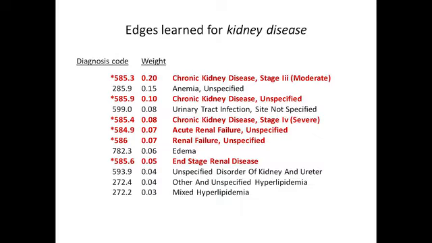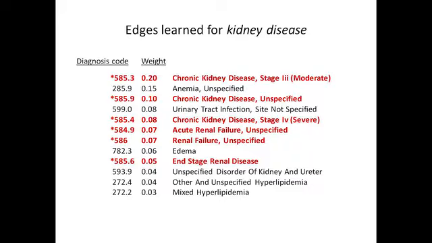And what you'll notice are a couple of things. First, the weight, which you should think about as being proportional in some way to how often you would see that diagnosis code given that the patient had kidney disease. The weights are all far less than 1. Right? So there is some noise in this process of when you observe a diagnosis code for a patient.